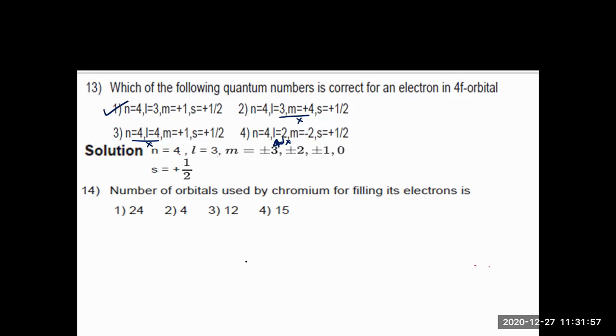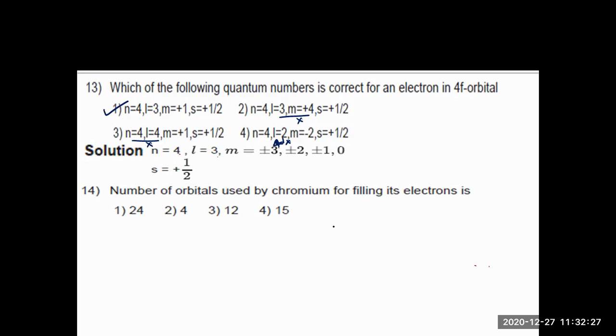If each orbital can accommodate 2 electrons, how many orbitals are required there? 24 electrons are there in chromium. If each orbital requires 2 electrons, how many orbitals are filled up by 24 electrons?